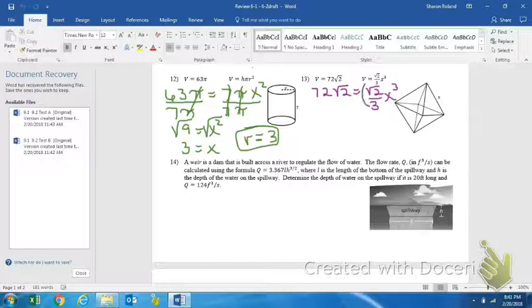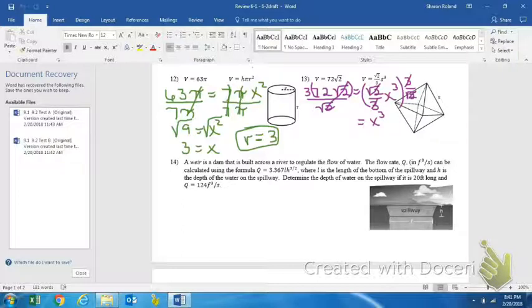So if I want x all by itself, I've got to get rid of the root 2 over 3, and the way that you would do that is multiply by the reciprocal. So I'd multiply by 3 over square root of 2, and I'd do the same thing here. Multiply by 3 over the square root of 2. The root 2's cancel. In this case, on this side, everything cancels, and you're left with x to the third.